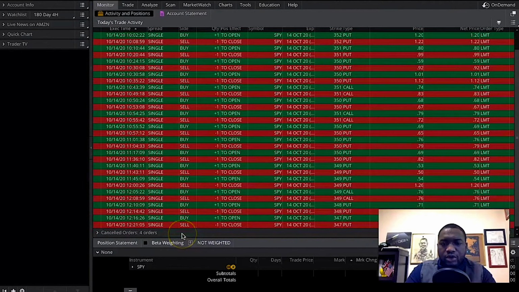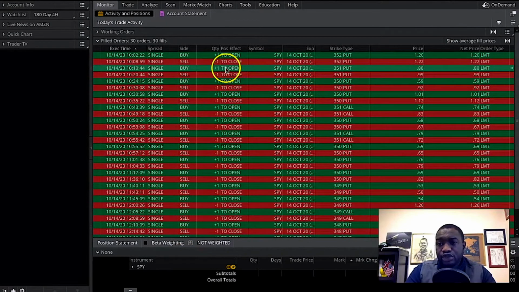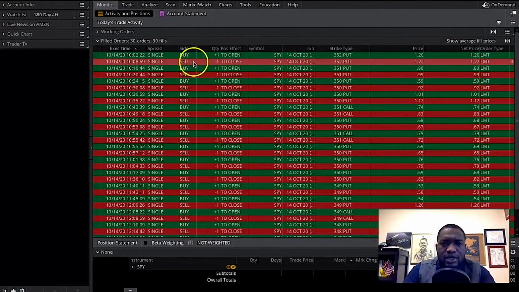So we're going to walk through a couple of the transactions, and I'll just show you what I did on the chart, so you have an idea of how I use this stuff. So let's see here.